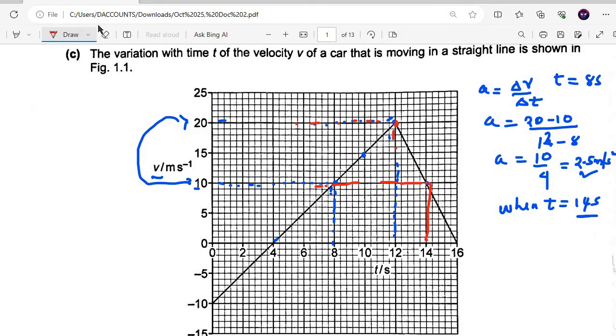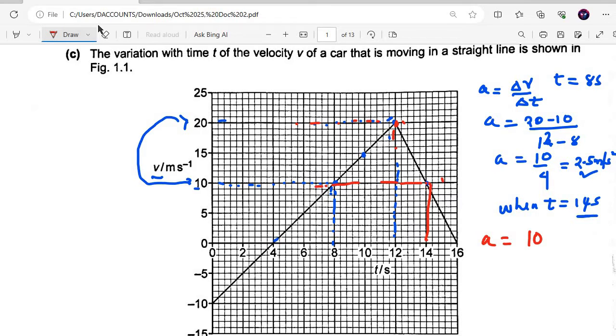So the acceleration in this case is between 20 and 10, but it's decelerating. Instead of 20 minus 10, it's 10 minus 20, because it's coming down.